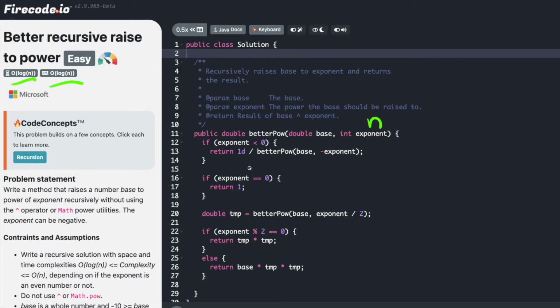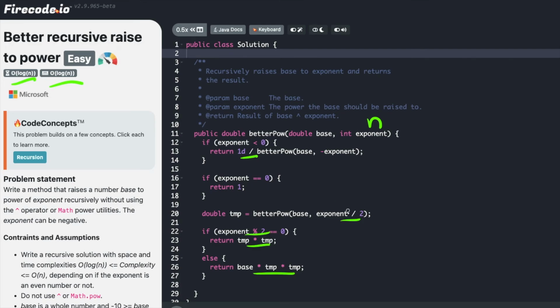In our algorithm, we only do fixed computations throughout. We do some division here, some multiplication and division here, but there are no loops or data structures or anything that would cause us to do more than a fixed number of computations for every method call. Now it is recursive, so the next question is how many times we are going to make the recursive call.